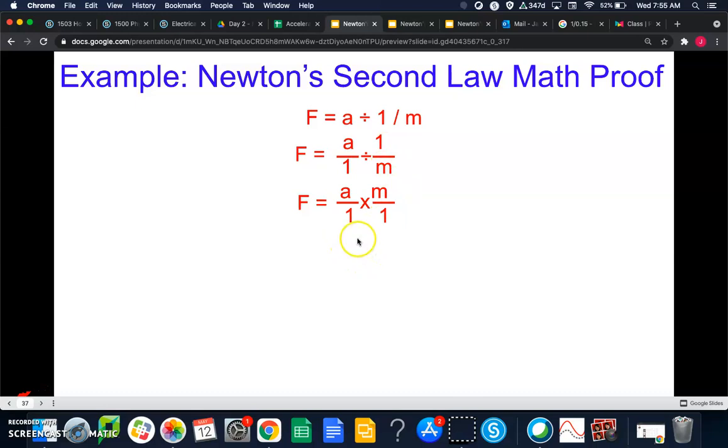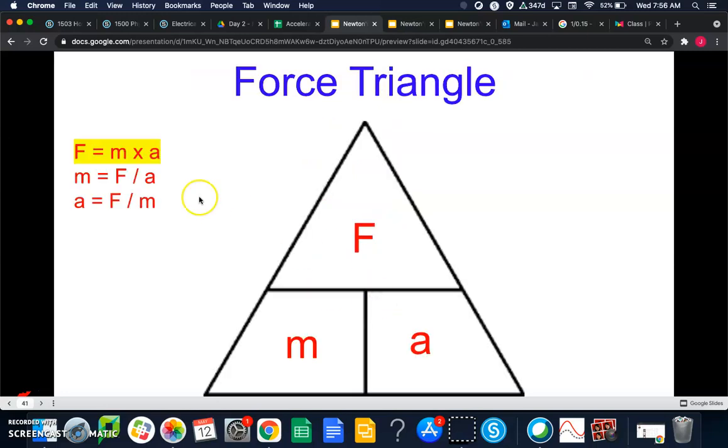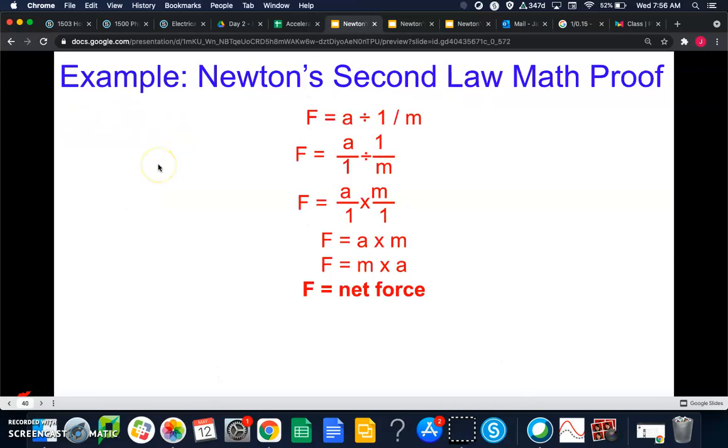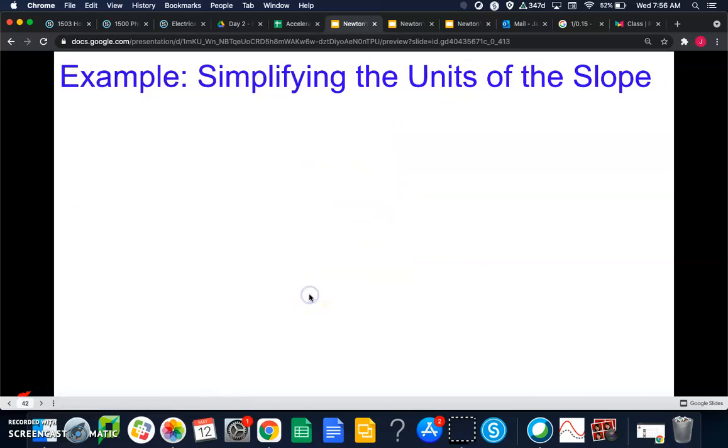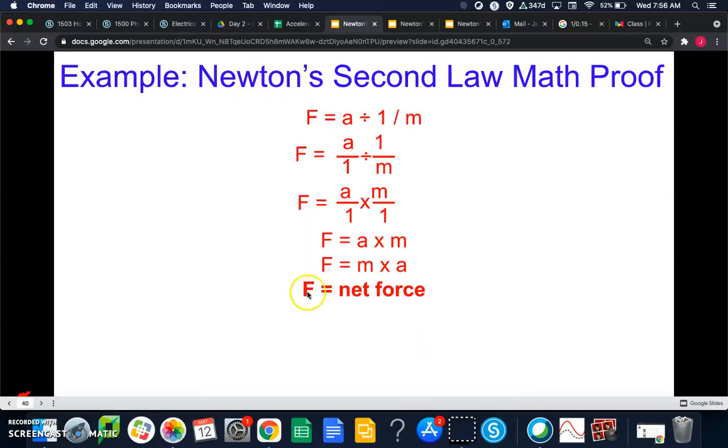Since they're both over 1, this is the same thing as saying F equals A times m, or F equals m times A. F equals net force, because F equals m times A is our equation from the force triangle. So really what our slope means is the net force.